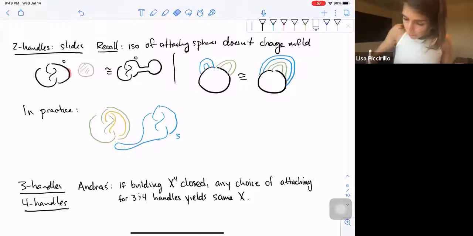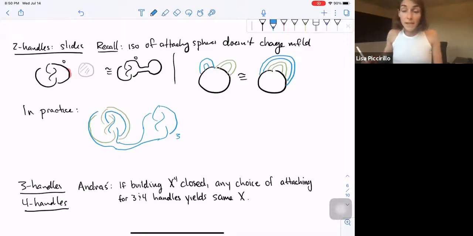And what we see when we do that is that the blue handle is going to go the other way around this disk. Okay, so that's a handle slide.